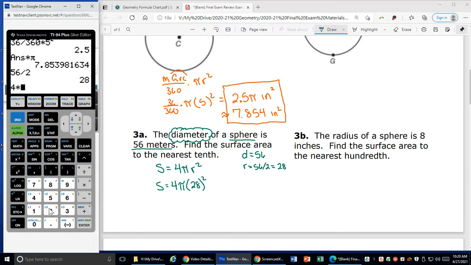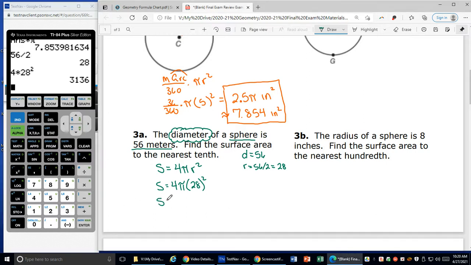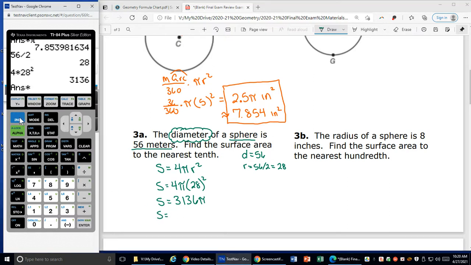So 4 times 28 squared gives a surface area of 3,136 pi. Since it says to the nearest tenth, it probably does want me to multiply that pi in. So I'm going to hit times pi.